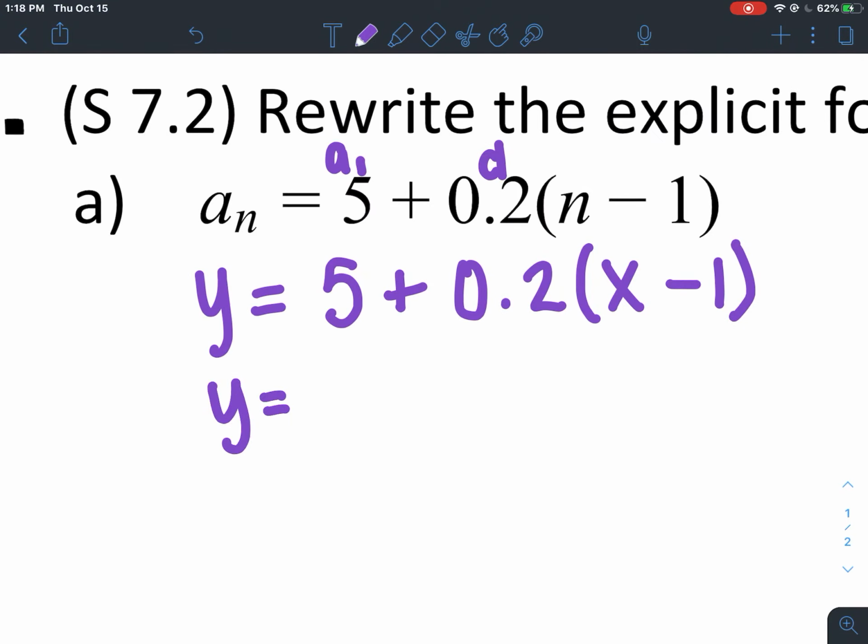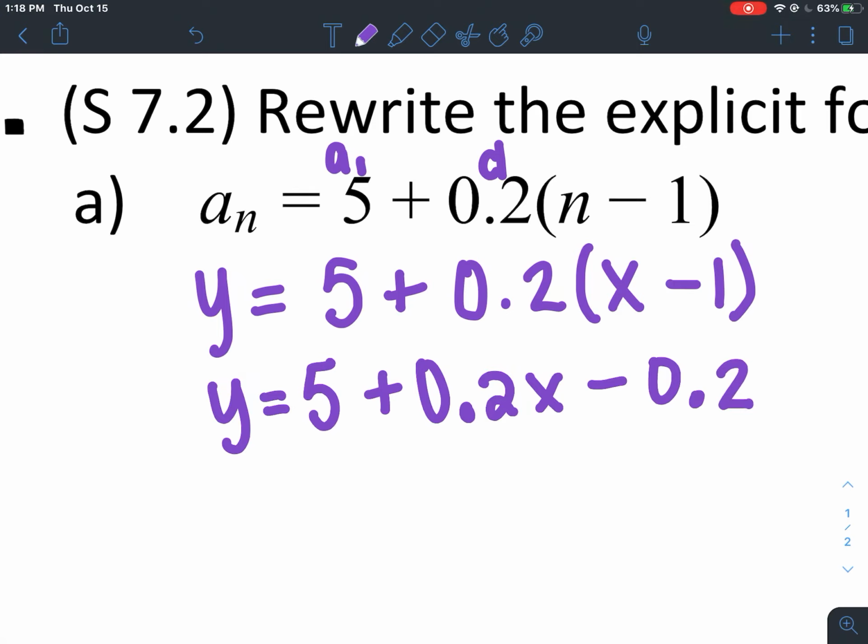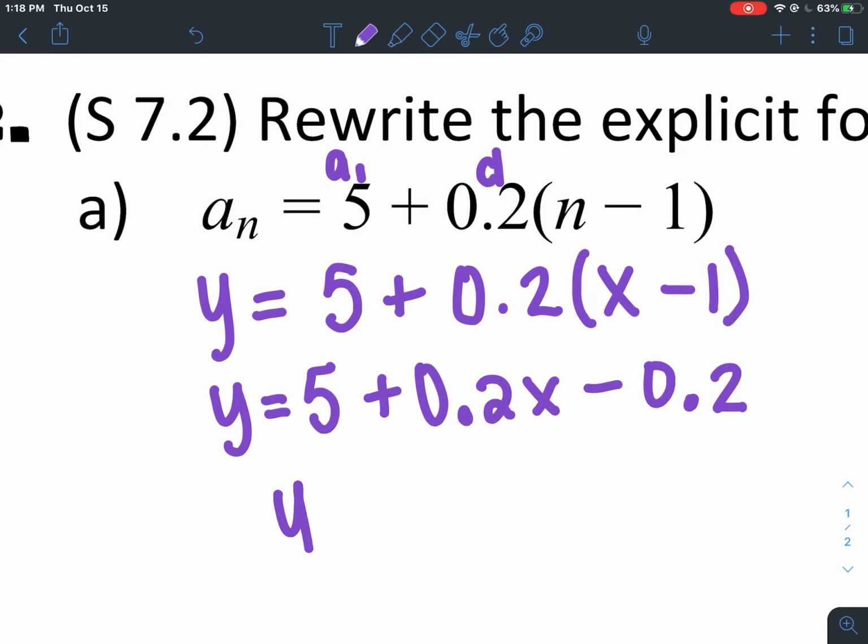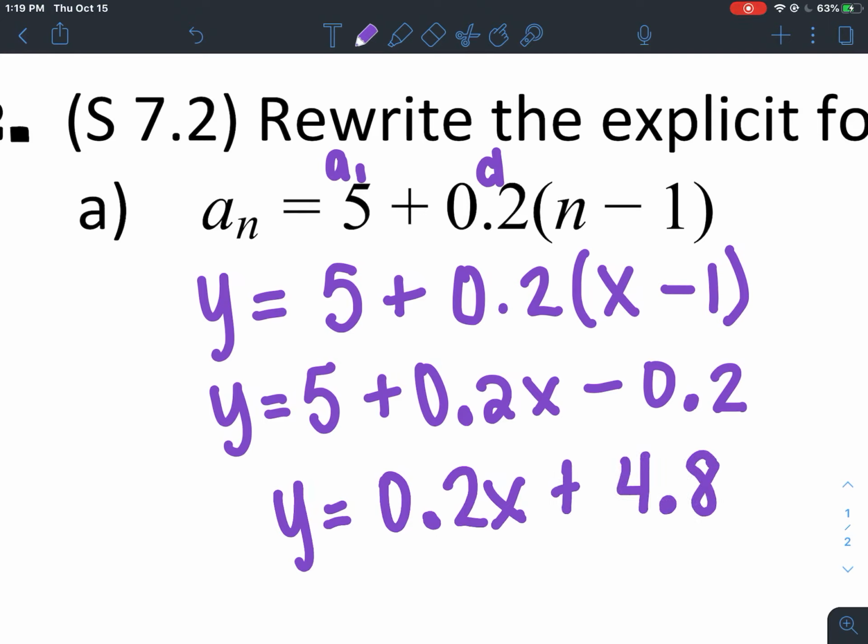So y equals 5 plus 0.2x minus 0.2. Then I can combine my like terms, which is the 5 minus 0.2. So y equals 0.2x plus 4.8. If you didn't know how to do that in your head, that's fine.